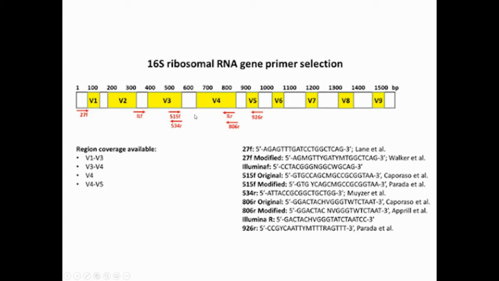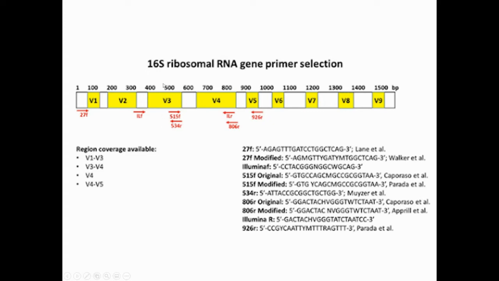They design the probe and the primer for NGS next generation sequencing. These are the primer sequences to identify each region. For example, use V3 as the region to distinguish the bacteria composition in the environment.